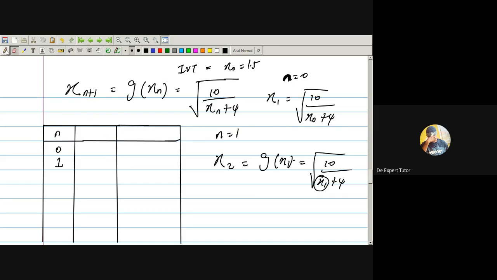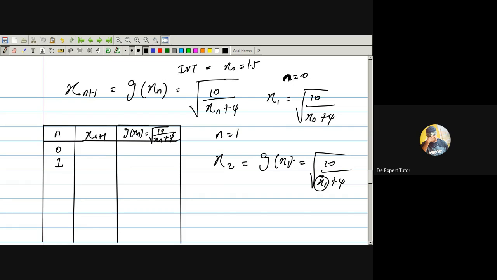Okay. Let me say xn plus 1, and this is my g of xn, and that's square root of 10 all over xn plus 4. Pay attention.